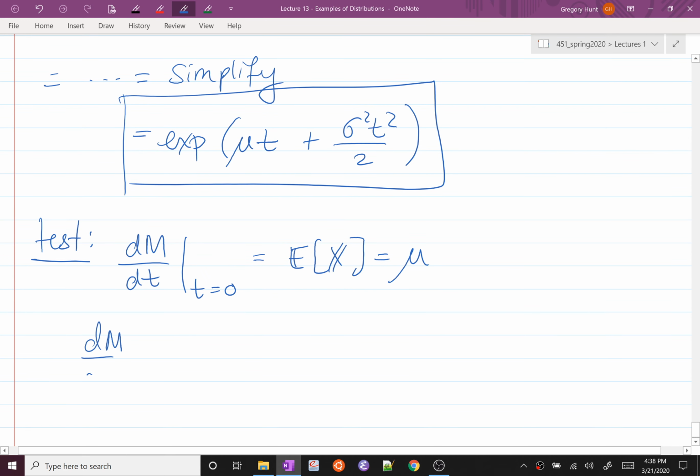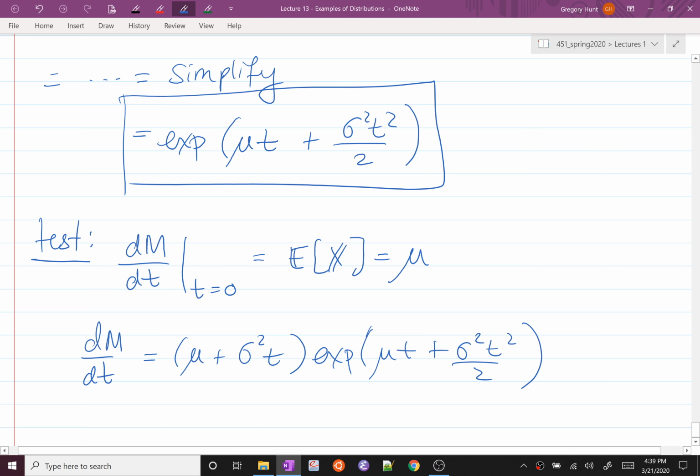And dm dt is the derivative of this thing with respect to t. So by chain rule, this gives us mu plus sigma squared t, that's the derivative of the exponent, times exp of mu t plus sigma squared t squared over 2.